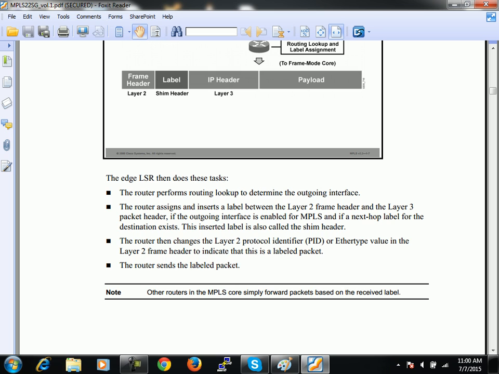That will be 0x8847 in the case of MPLS, whereas in the case of IPv4 it is simply 0x0800. So this protocol type will get changed inside the type field of the layer 2 header.